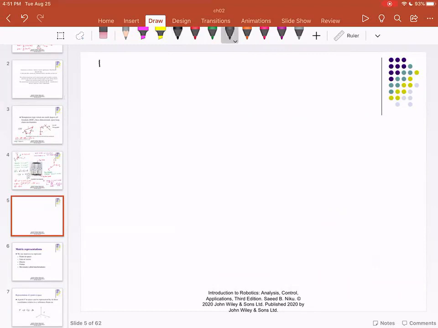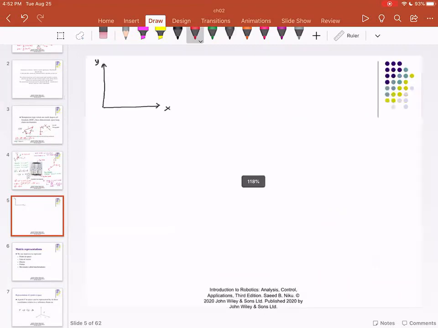So consider a coordinate system which is given as X and Y. Again, this is i, this is j. And I have a vector OP.